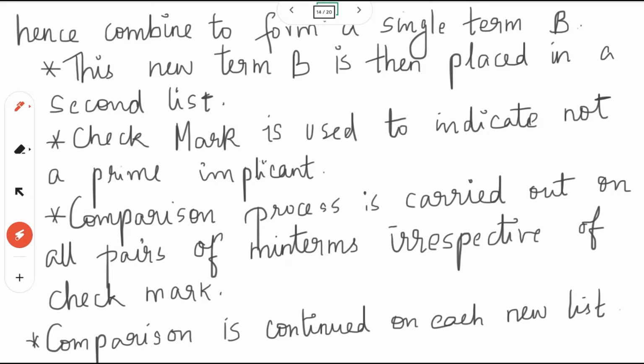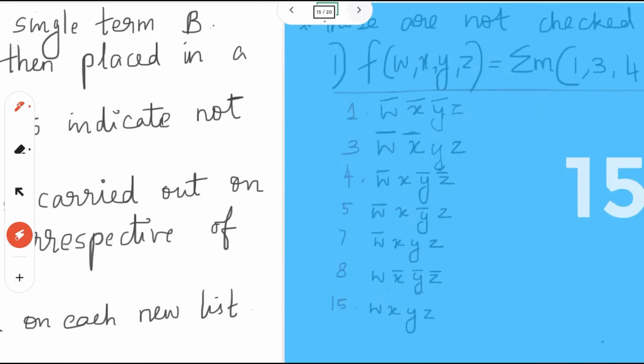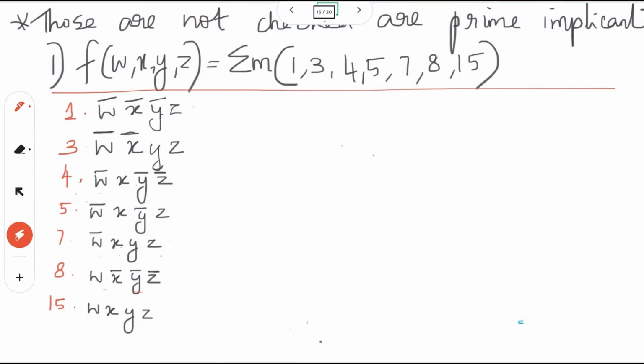If it is not a prime implicant, then a check mark is given to it. This comparison process is continued for all pairs of minterms irrespective of check marks, and a new list is prepared. Again for the new list, the comparison is continued until you obtain the final list. Whichever terms are not checked will form the prime implicants.